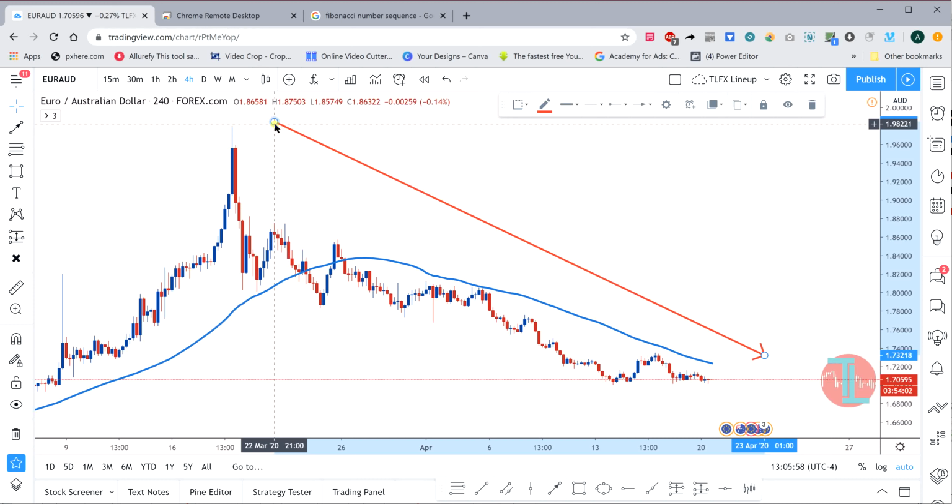All right, so we got that going. We got that in our favor right now in that we're in a downtrend.